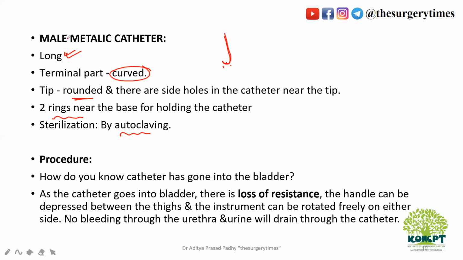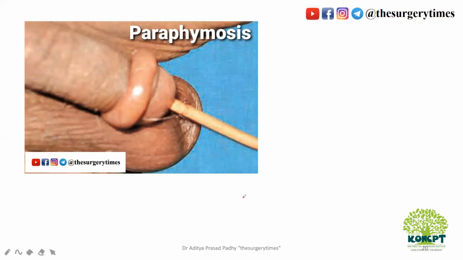Now the procedure. How can you know the catheter has gone inside the bladder? Only one point you should remember: as the catheter goes into the bladder, there is loss of resistance. By this only you can feel that the tip is inside the bladder, and then you can adjust accordingly. Now one of the most common complications is paraphimosis.